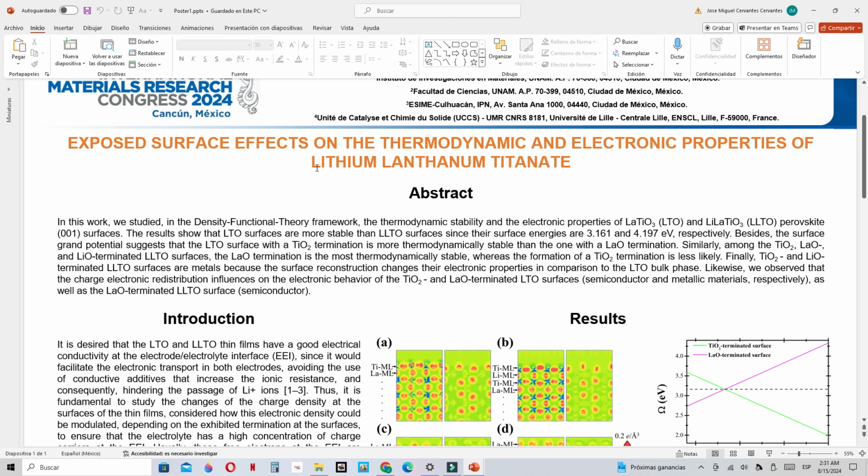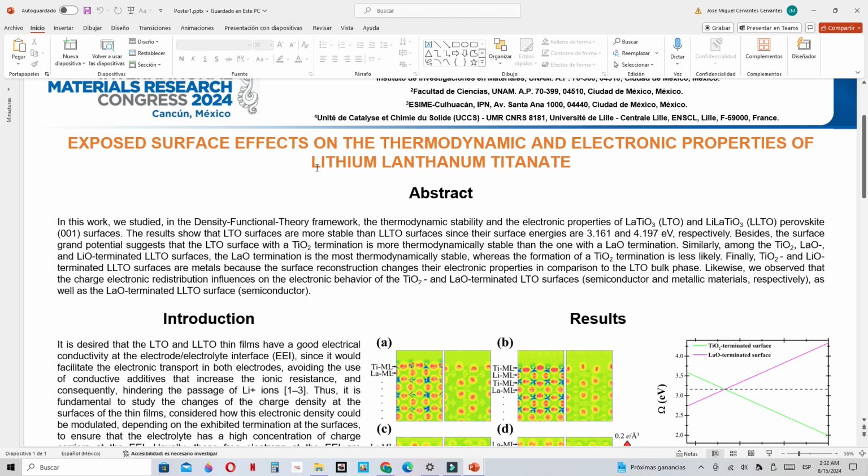Similarly, among the titanium dioxide, lanthanum oxide, and lithium oxide terminate LTO surfaces, the lanthanum oxide termination is the most thermodynamically stable, whereas the formation of the titanium dioxide termination is less likely.